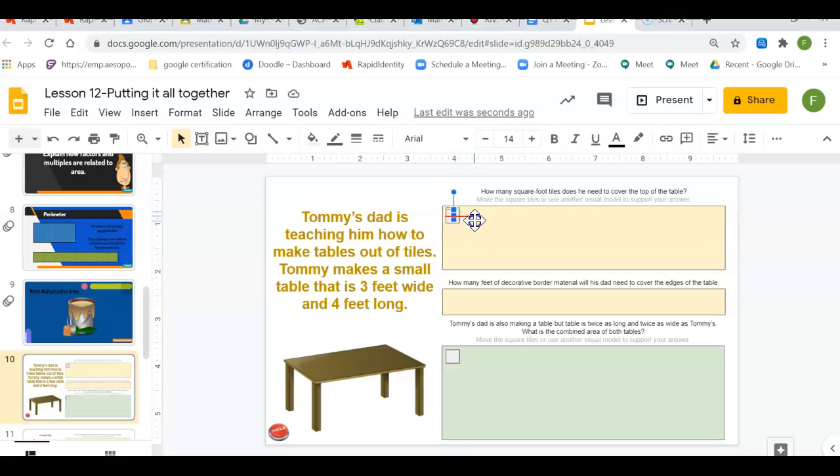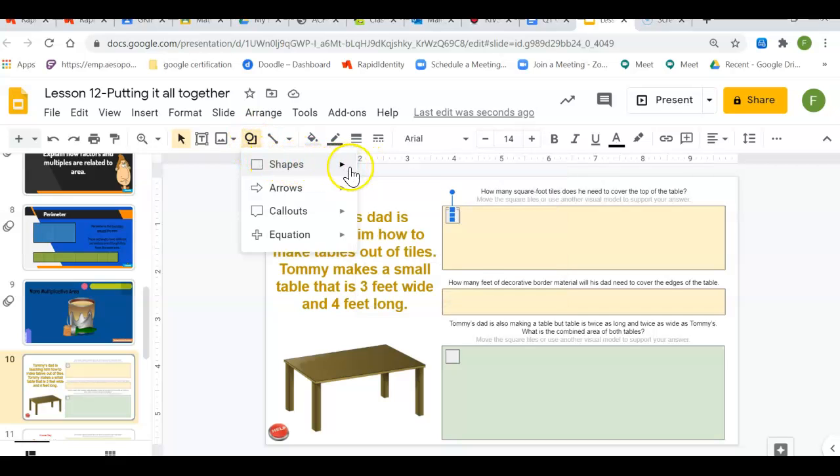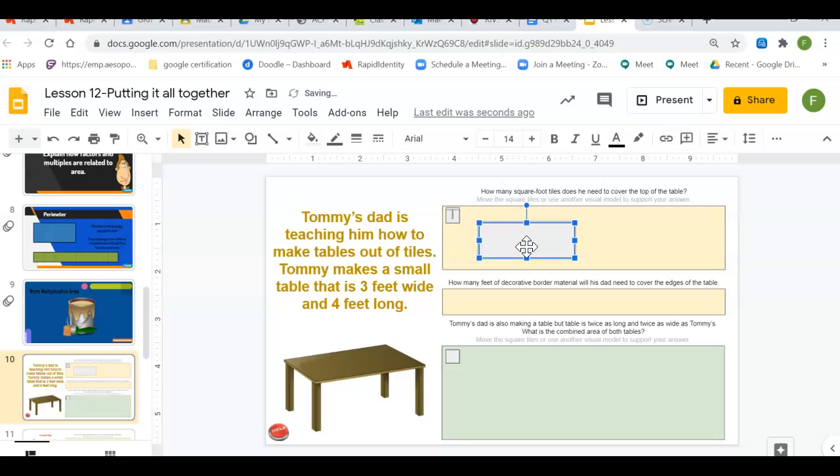So the option of dragging and dropping, of course, you could do that. Another option that we practiced is going up to the shapes. So you can go up to the shapes and get a rectangle. You click on shapes here and pick your rectangle and you can build your own in here, okay? And in order to label it, remember, you're going to need to go up to the text box right up here.